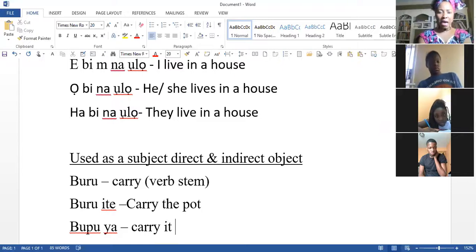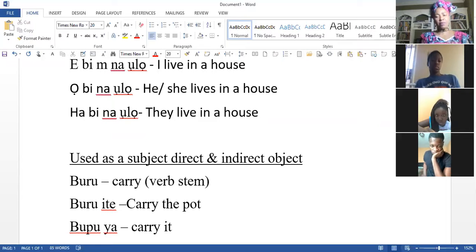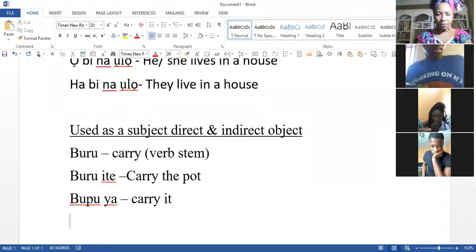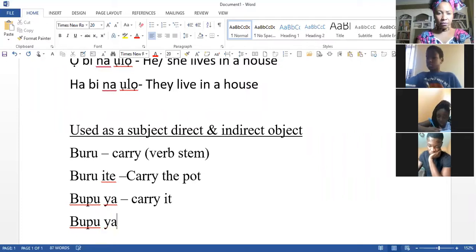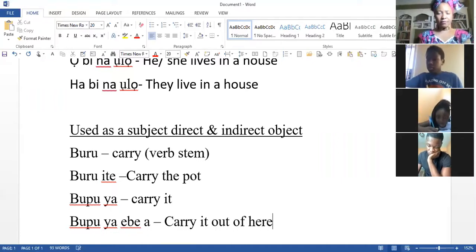Carry it out. Okay? Buruya, carry it. When I say bupuya eba, take it out of here.